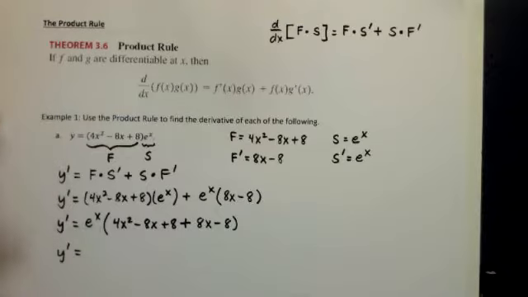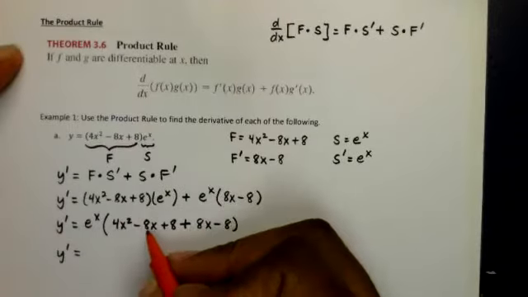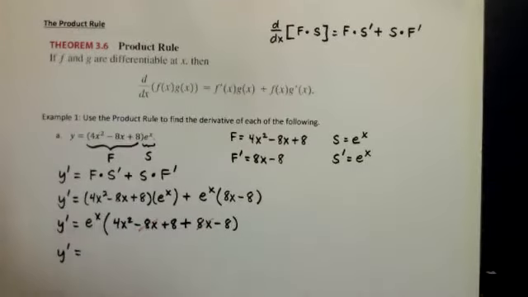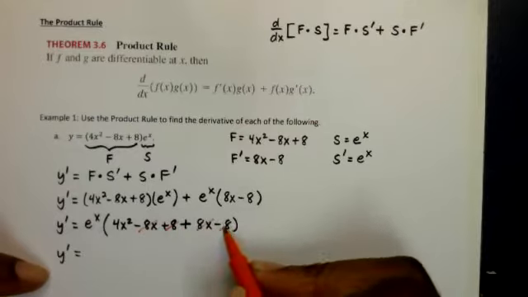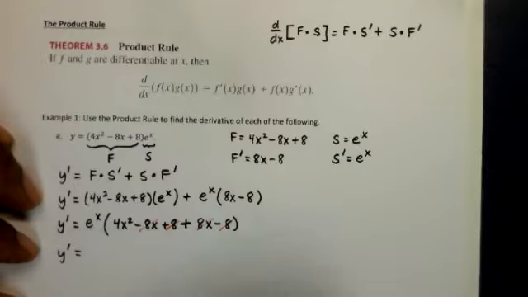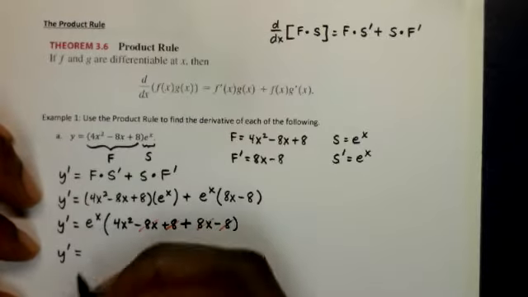I'm going to simplify what's inside the parentheses. Now, as you can see here, the minus 8x and the plus 8x, that's gone. And also the plus 8 and the minus 8, that's gone. So what's going to be left inside the parentheses is the 4x squared.